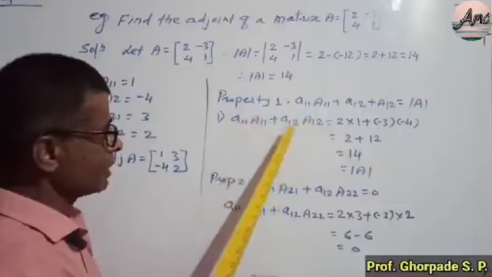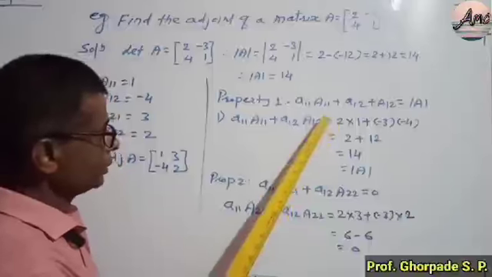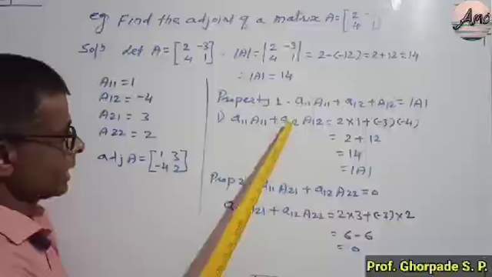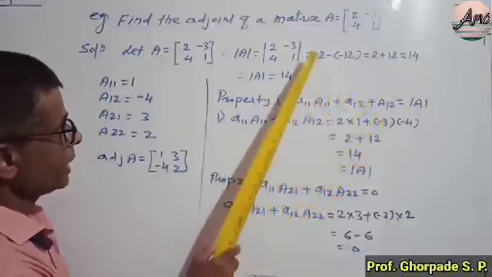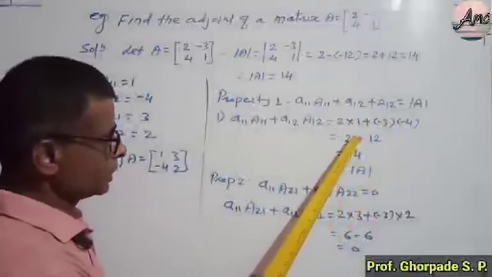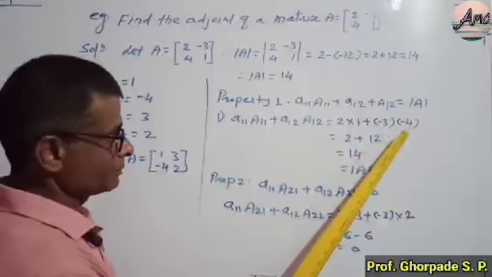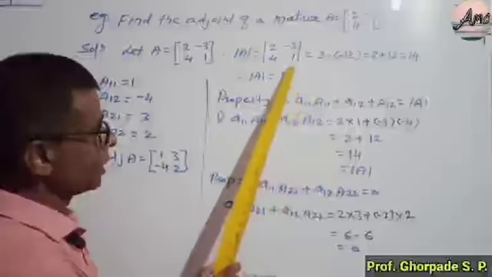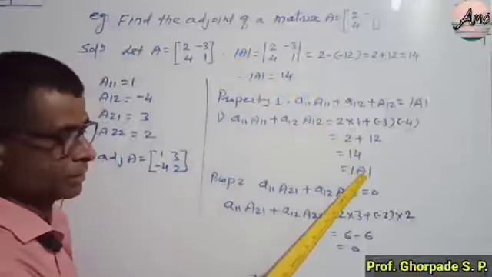So A11 is what here? 2 into the cofactor A11, what is it here? 1, plus A12 is here minus 3 into its cofactor, what is it? Minus 4. So 2 ones are 2 plus minus 3 into minus 4 is what? 12. So 12 plus 2 is what? 14. That is nothing but what? The determinant. So this is the first property.